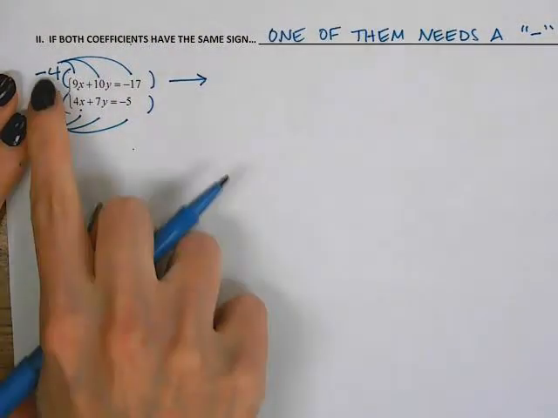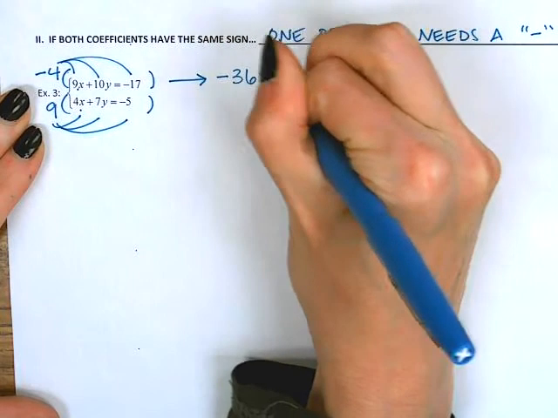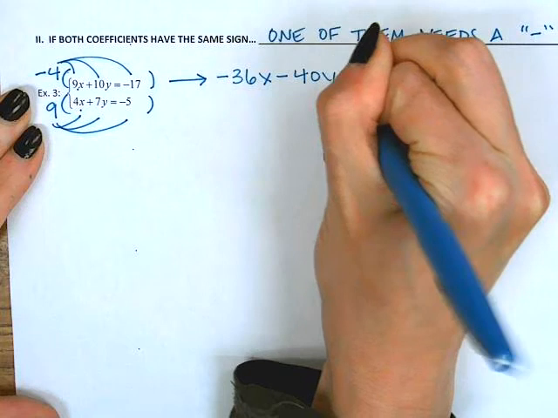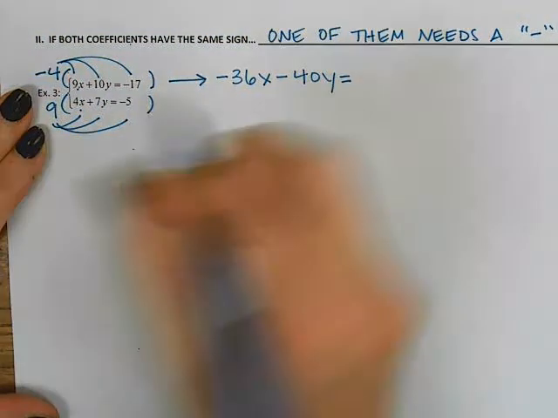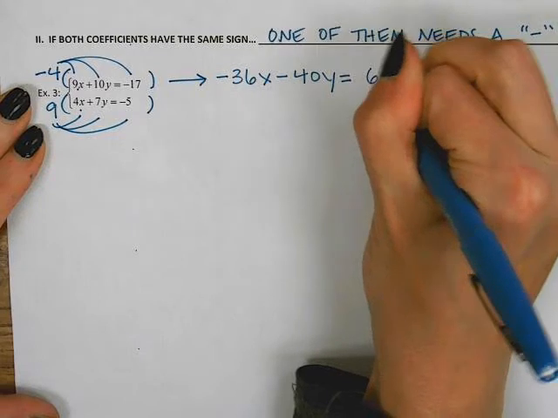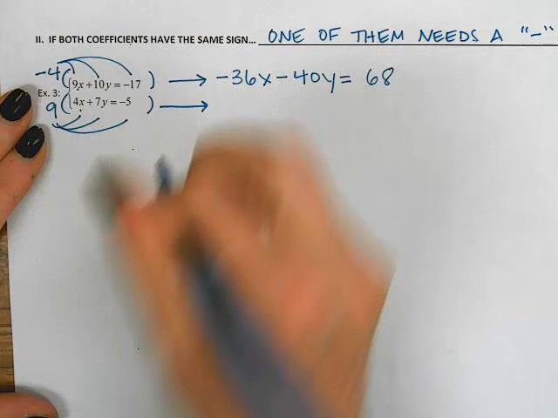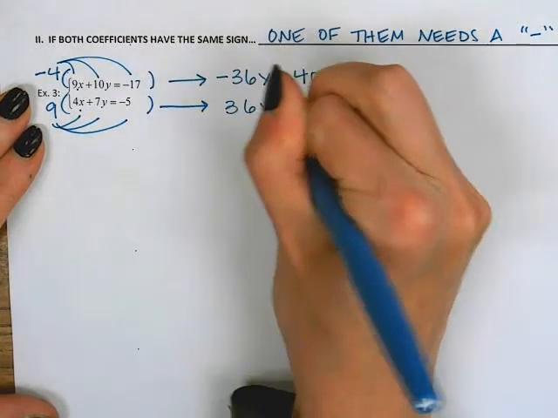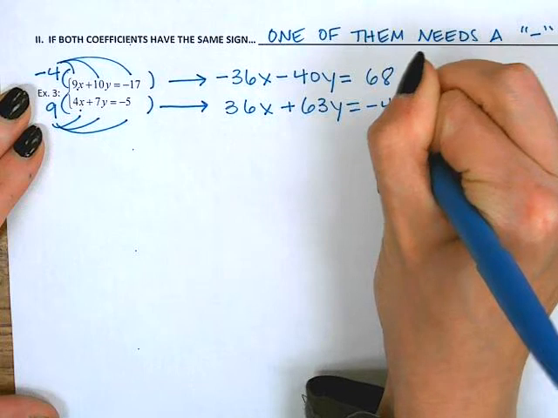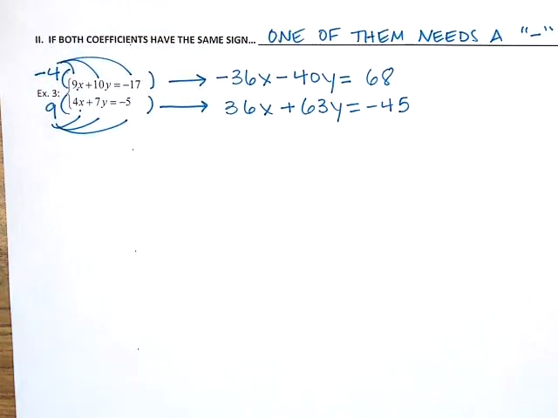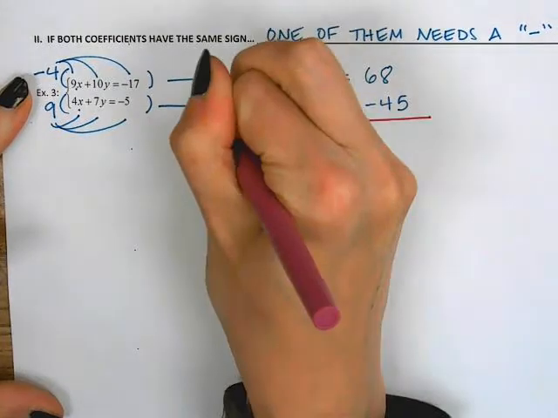If we multiply the top by negative 4, we get negative 36x, negative 40y equals 68. And on the bottom, if we multiply everything by 9, we get 36x plus 63y equals negative 45. And perfect, we did it right because the x's are opposites.